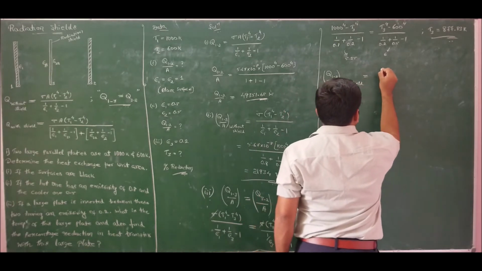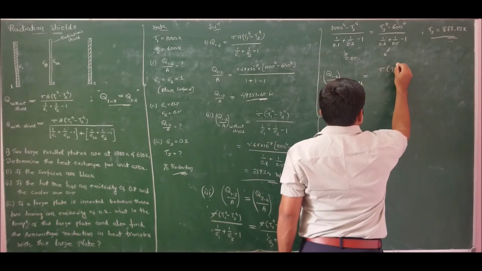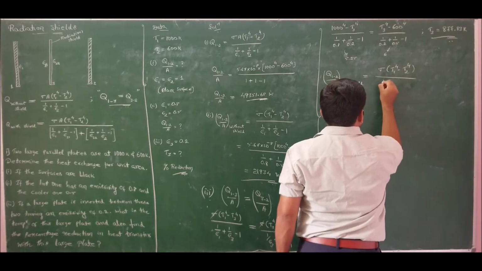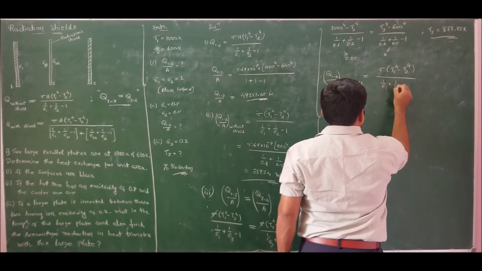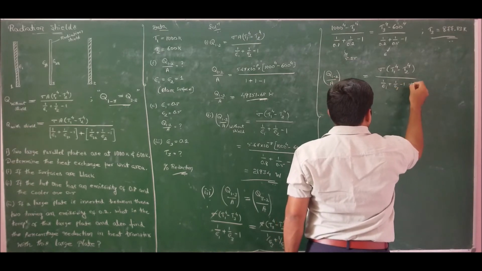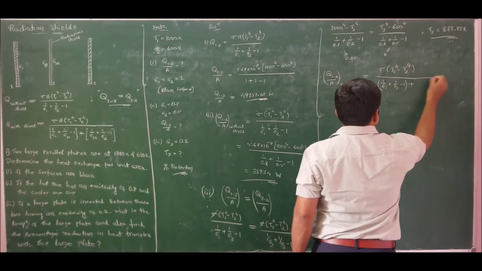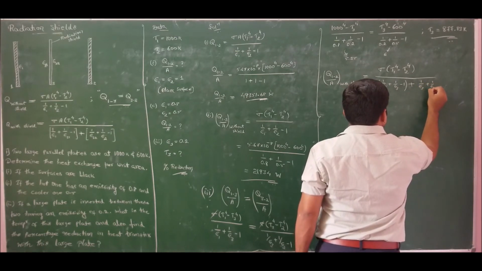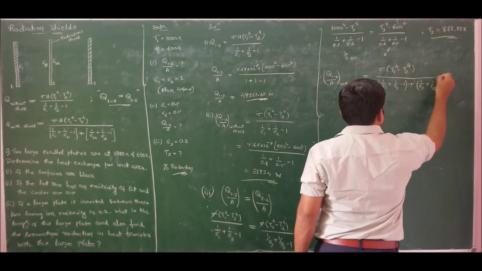Heat flux with shield is given by sigma (T1 power 4 minus T2 power 4) divided by (1 by epsilon 1 plus 1 by epsilon 3 minus 1 plus 1 by epsilon 3 plus 1 by epsilon 2 minus 1).